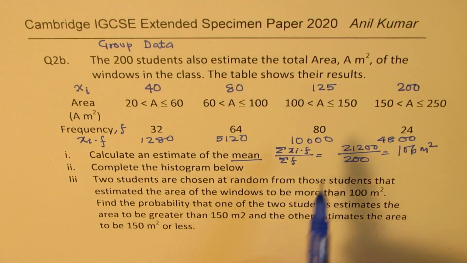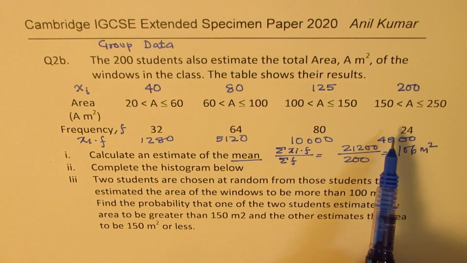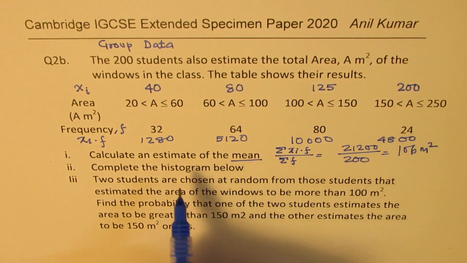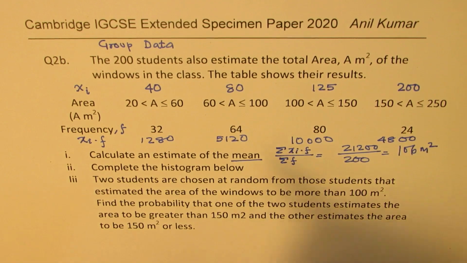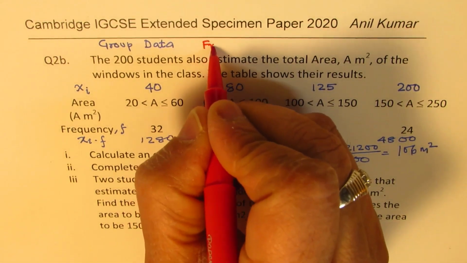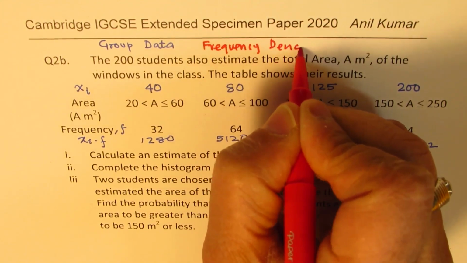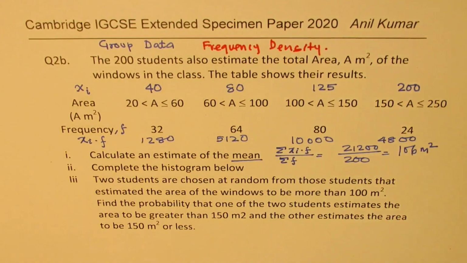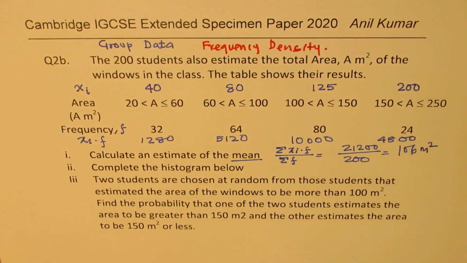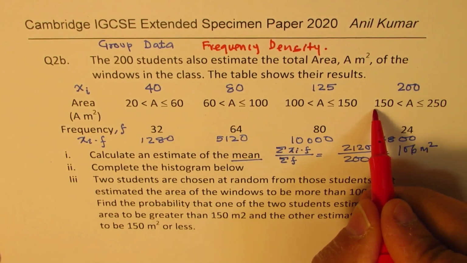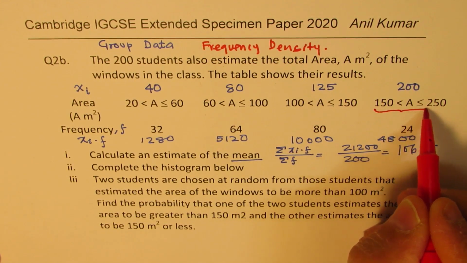Complete. Now let us try to understand how we get the frequency density, right? The important thing here is to understand frequency density. So let me write down the term frequency density. You could get frequency density by finding the interval. In this particular case, what is the interval?